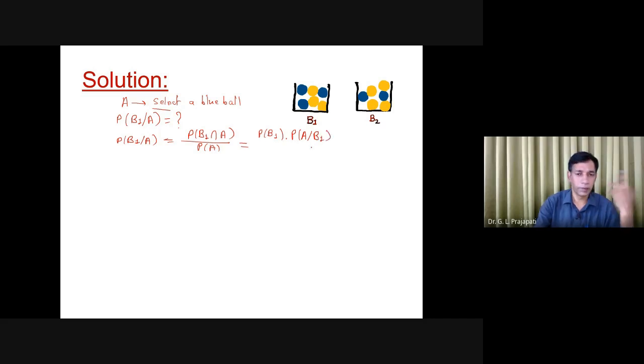So B1 occurred, and you need to compute the probability for A given B1, and then the probability for A.